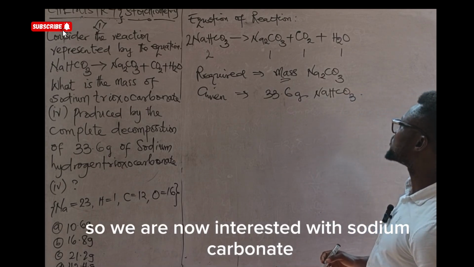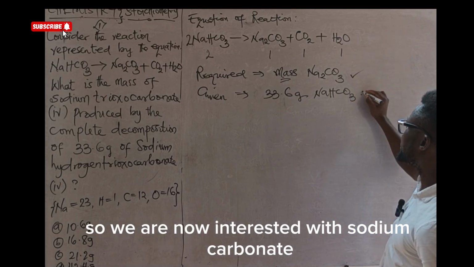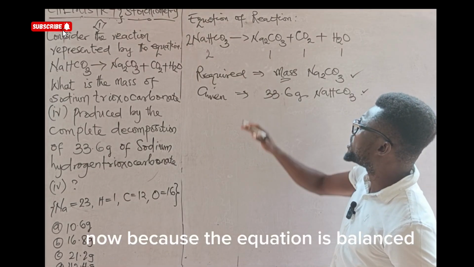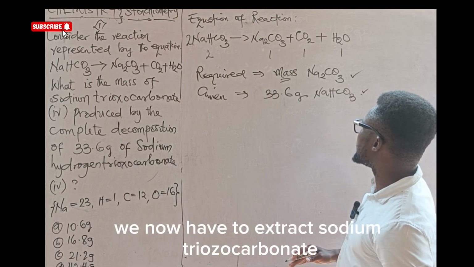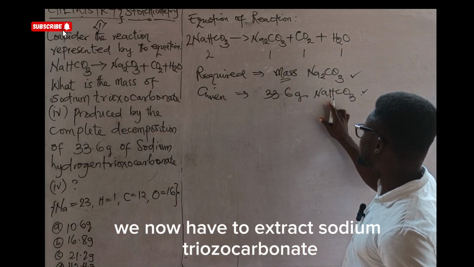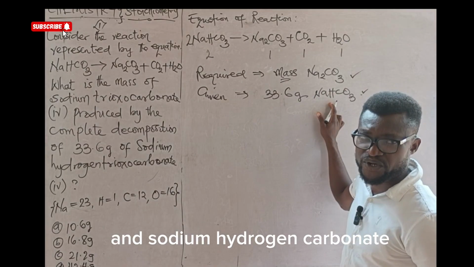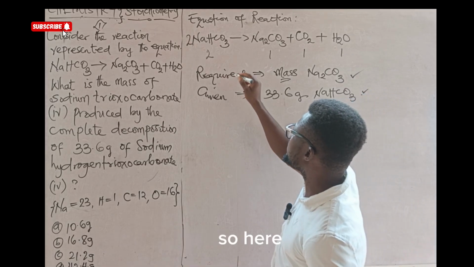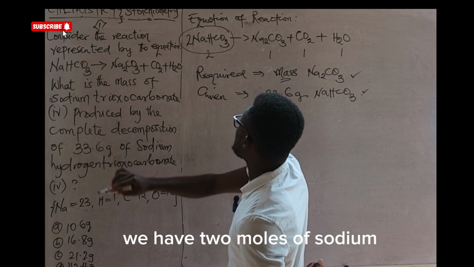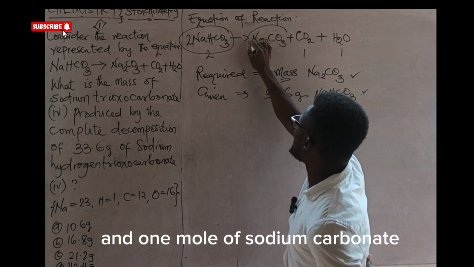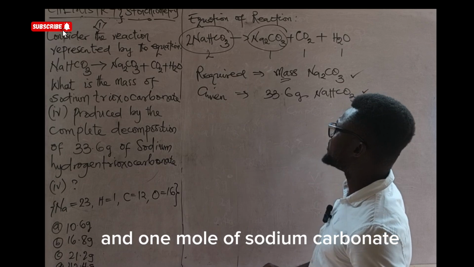So we are now interested in sodium carbonate and sodium hydrogen carbonate. Now, because the equation is balanced, we now have to extract sodium carbonate and sodium hydrogen carbonate, because that's where we are interested. So here we have 2 moles of sodium hydrogen carbonate and 1 mole of sodium carbonate.